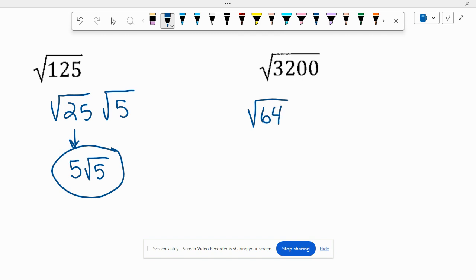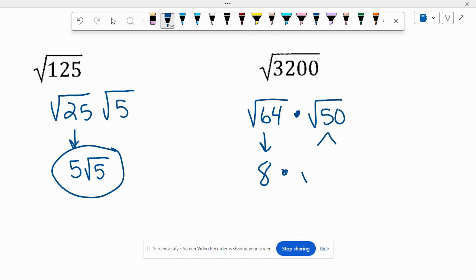3,200 divided by 64 is what? It's 50. Okay. Let's start with this. What is the square root of 64? 8. Perfect. So I have 8 times. Let's look at the square root of 50. Is there a perfect square living inside of 50? Yeah. Which one? 25.